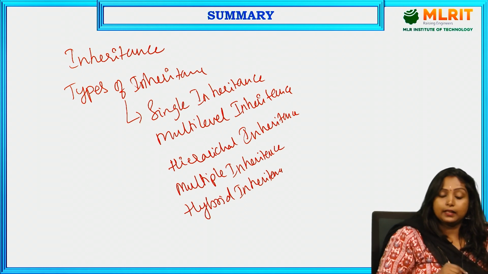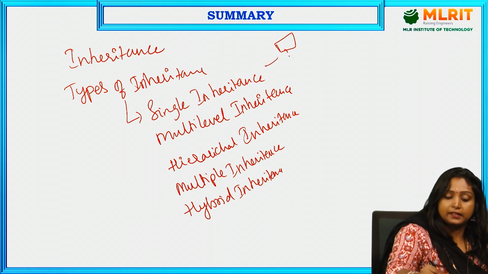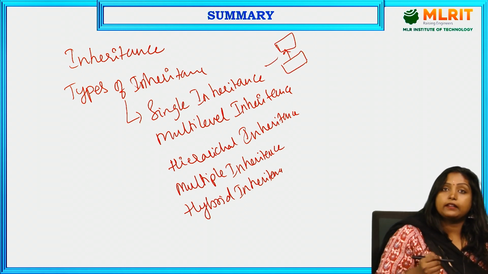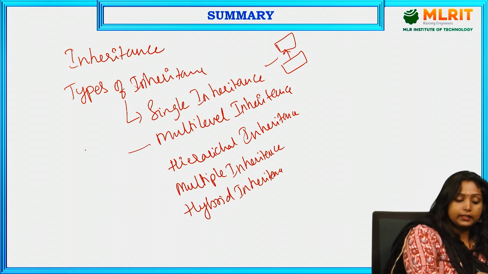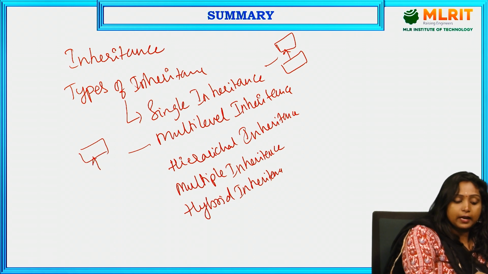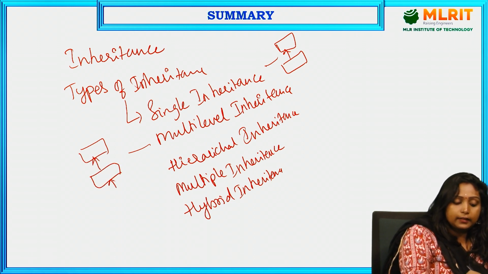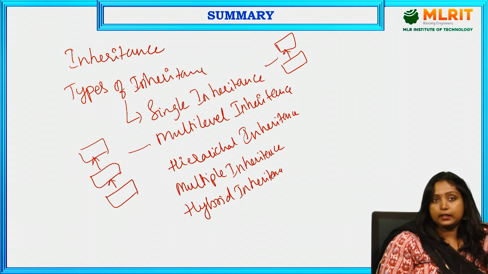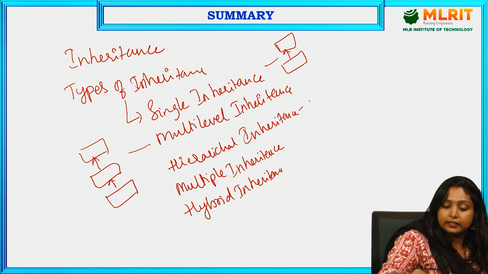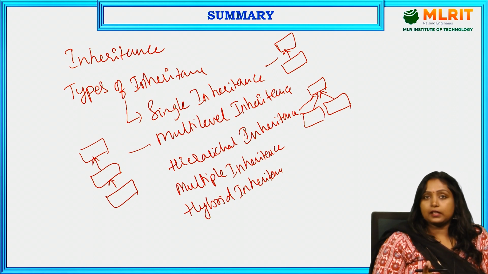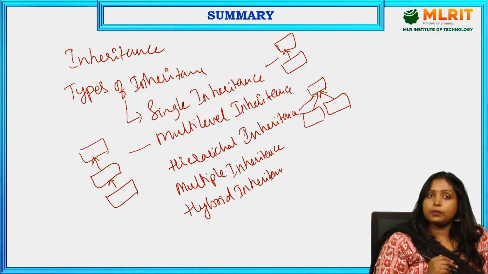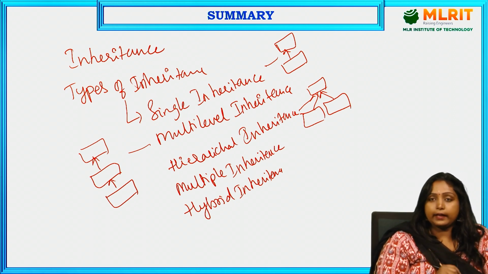So, what is single inheritance? If one class is inheriting the properties of another class, then it is known as single inheritance. What is multi-level inheritance? If the same chain continues, then it is known as multi-level inheritance. What is hierarchical inheritance? If two child classes inherit the properties from one parent class, then it is known as hierarchical inheritance.